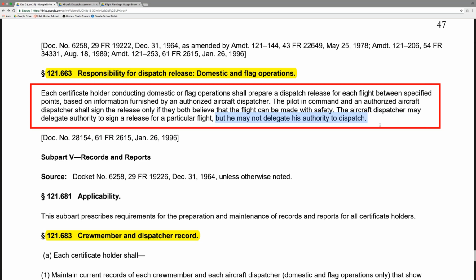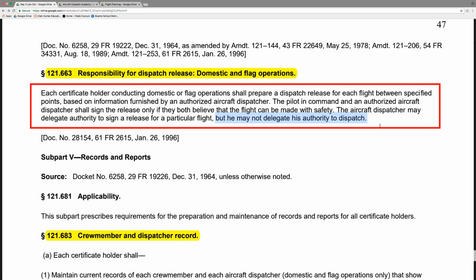I can't just shrug off that duty, right? If I believe it's not legal and I don't believe it's safe, then that's the end of it. I can cancel the flight, I can delay the flight, but I can't say, all right, Matt, I don't think it's legal, but you take a look at it, and if you think it's legal, go ahead and dispatch it. I'd get in trouble for that. Yeah. We'd both lose our license.